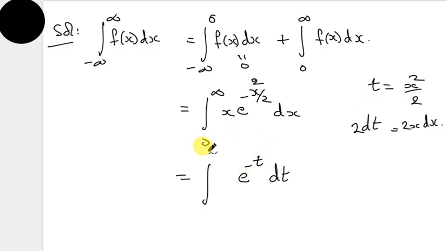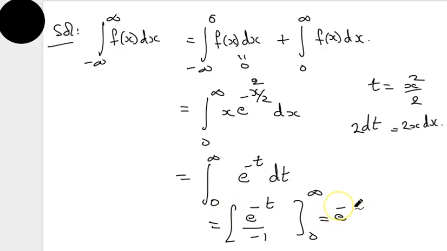When x is 0, obviously t is 0, and when x is infinity, t is infinity, so it is integral 0 to infinity. So it is e power minus t by minus 1, all between 0 and infinity. E power minus infinity is 0 and e power 0 is 1.